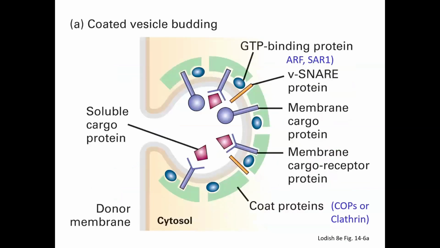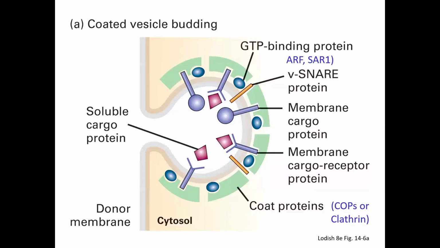So right here, you can see a little bit more detailed view of these. See right here, you have a cargo, and then you have this stalk part, and these are recognized by specific coat proteins. We talked about that. And here you have the SNARE proteins, which are not working at this point, but these SNARE proteins will be helping in fusion of the membranes.